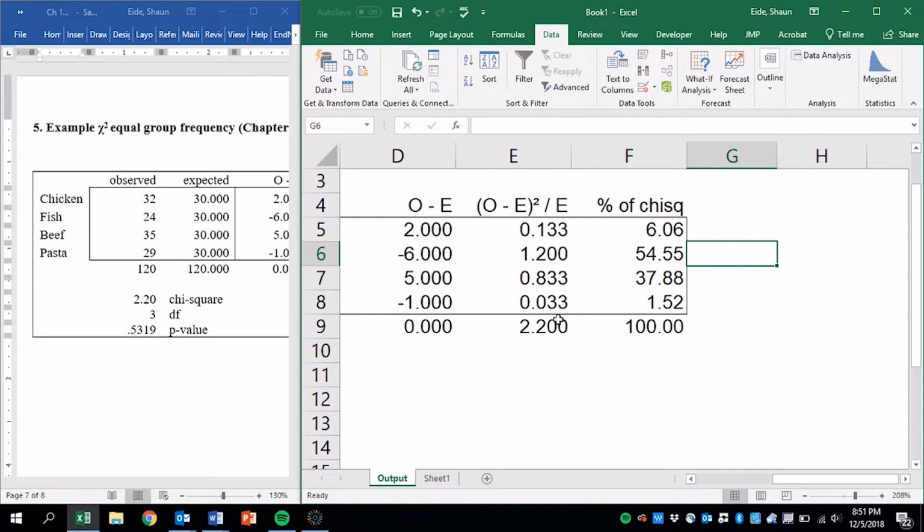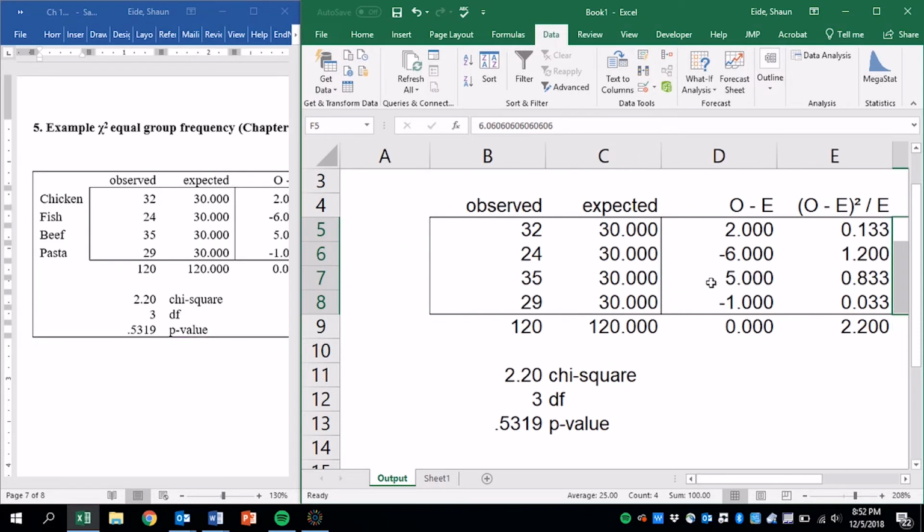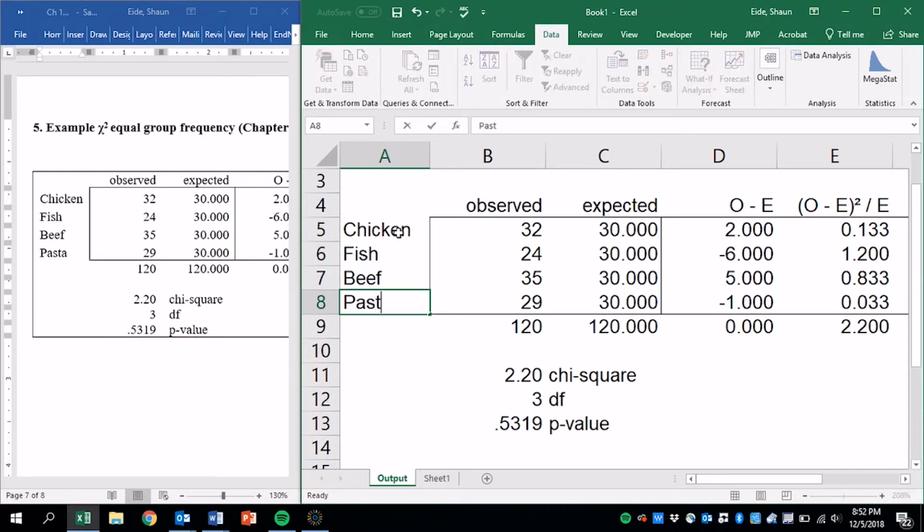Then 0.833 divided by 2.2 gives you 37.88 percent, and 0.033 divided by 2.2 gives you 1.52 percent. These right here are the percentages of each category. So this is chicken, fish, beef, and pasta.